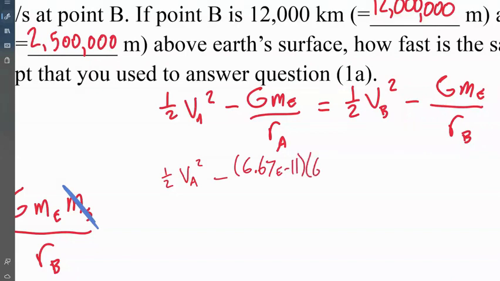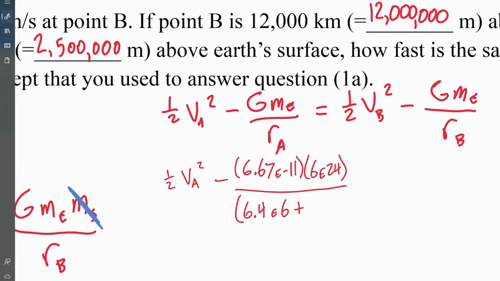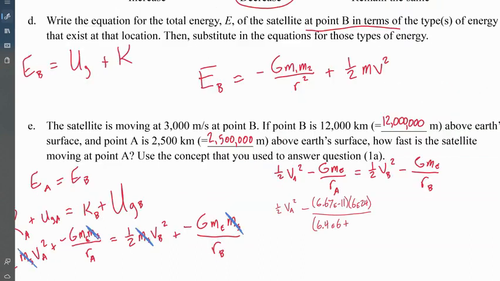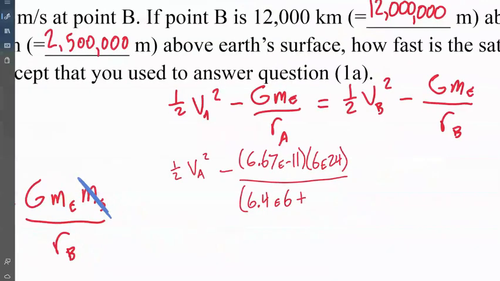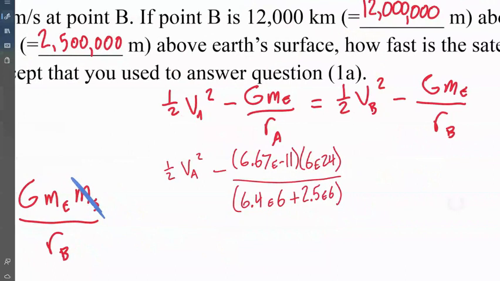Mass of the Earth is 6 times 10 to the 24th kilograms over, and then the radius of A, that has to be the radius of the Earth plus whatever the distance above Earth's surface is at point A. So plus 2.5 million, so 2.5 times 10 to the sixth meters. So there's our R on the bottom, radius of A.